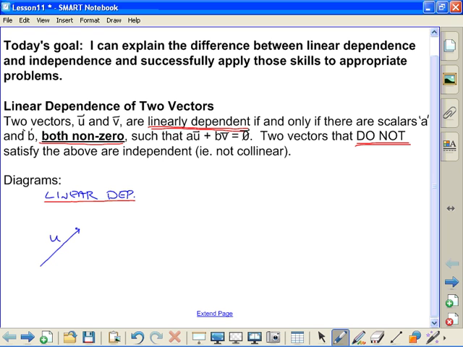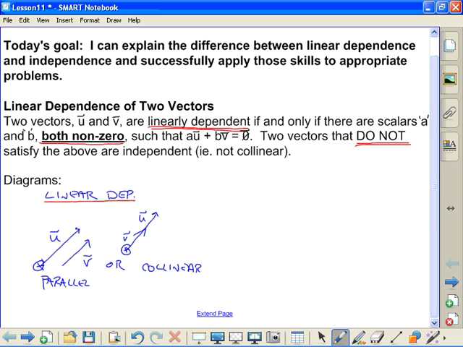So if this is my vector u, and this is the starting point, the only way I can get back to that point is if the v vector is either parallel and can be turned around with some scalar multiple, or if I have the u vector and the v vector, and they're collinear. So parallel or collinear. So I can take those vectors and I can turn them around such that I can get back to my starting point in both cases.